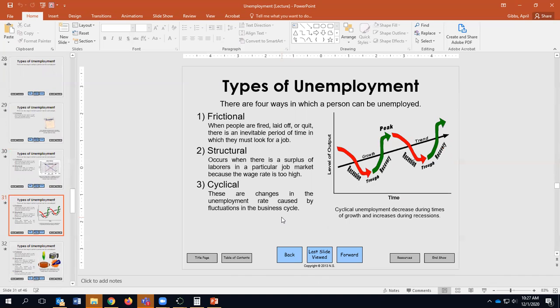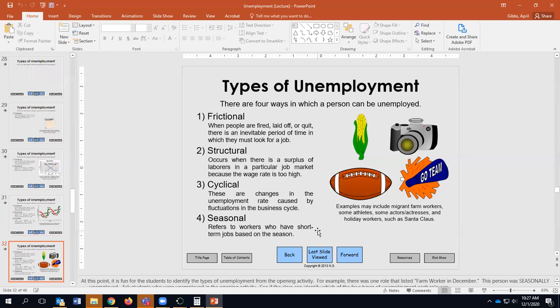Cyclical, these are changes in the unemployment rate caused by fluctuations in the business cycle. And seasonal refers to workers who have short-term jobs based on the season. So examples may include migrant farm workers, some athletes, some actors or actresses, and holiday workers such as Santa Claus.